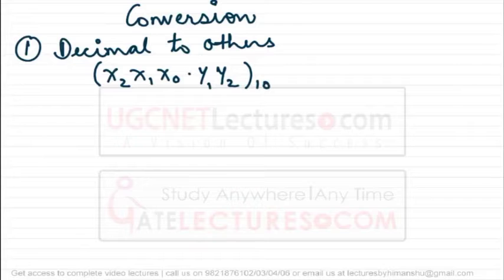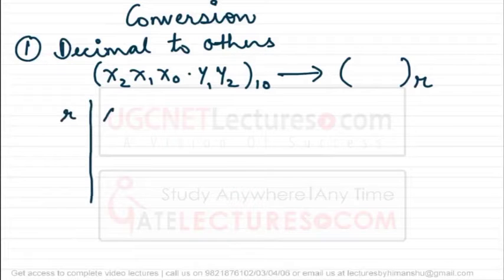So how are we going to convert it into a new number system? We want it in a new number system with base r. Fine, r can be any value, 2, 8, 16, any value. So what we are going to do is repeatedly divide this number by r. You divide this number, you get some quotient here.